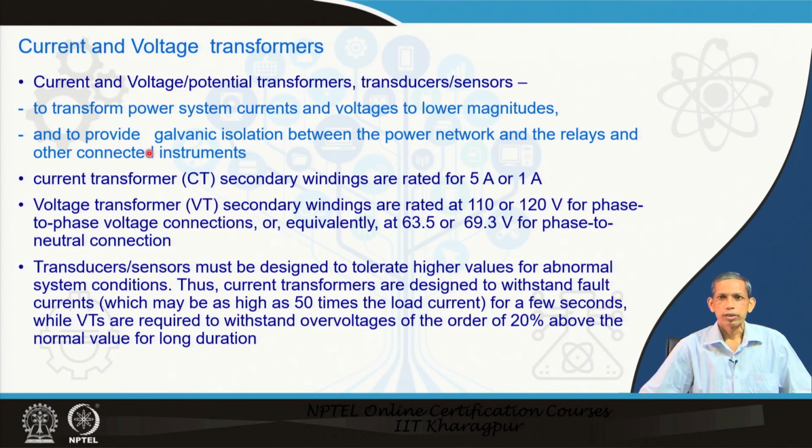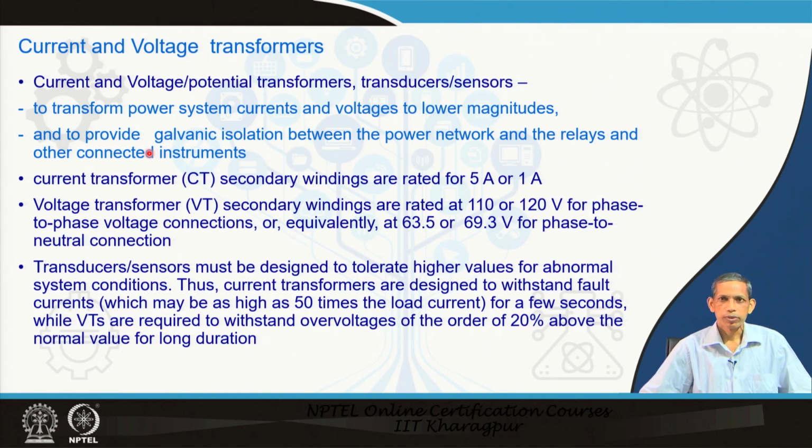To the relays, the voltage and current signals are the inputs, and these inputs, as we have already mentioned, are from sensors: current signals from current transformers, voltage signals from voltage transformers.